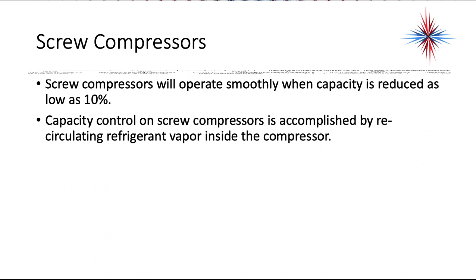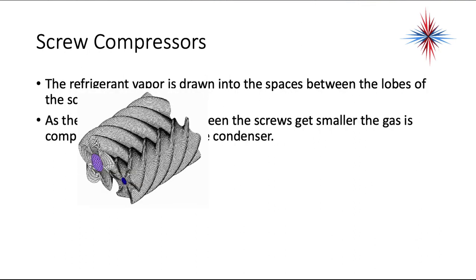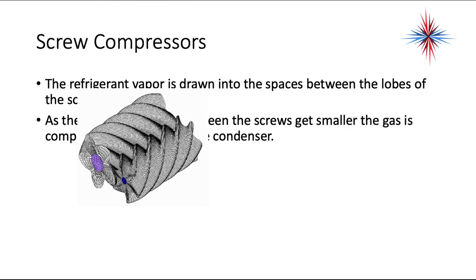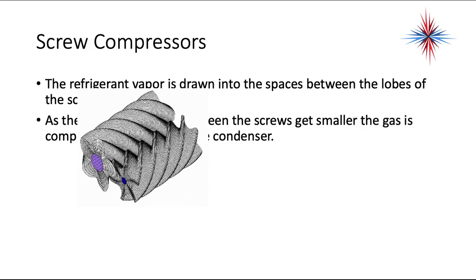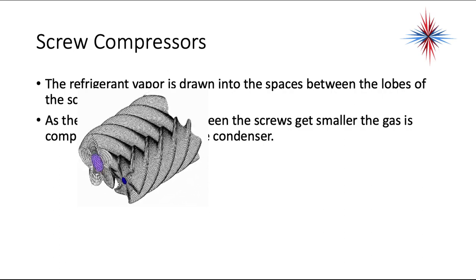So you have a capacity control capability with screw compressors that actually works efficiently between 10 and 100% of the refrigerant capacity. Capacity control on screw compressors is accomplished by recirculating refrigerant vapor inside the compressor. In other words, we can actually recirculate right inside the hot gas from the high side to the low side without it ever coming out. The refrigerant vapor is drawn into spaces between lobes of the screws.